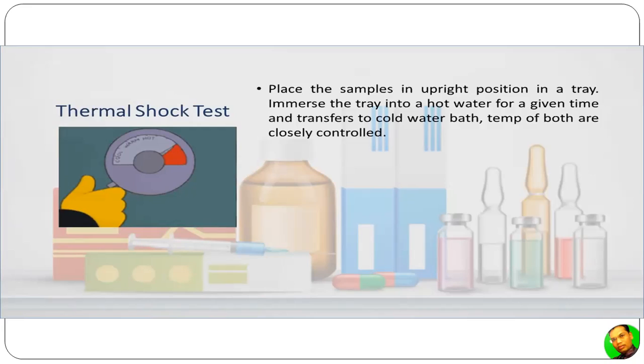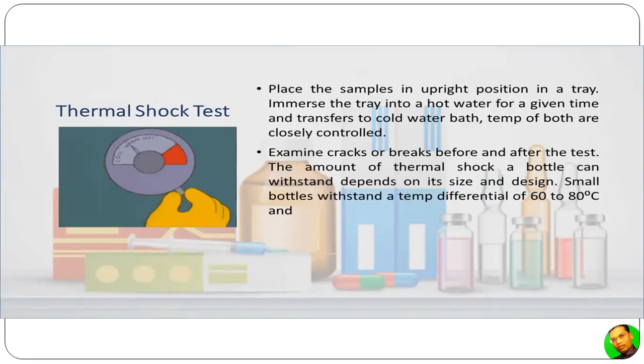In order to perform this, we need to place the samples in an upright position in a tray. Then this tray is immersed into hot water for a given time and transferred to a cold water bath. The temperatures of both are closely controlled.